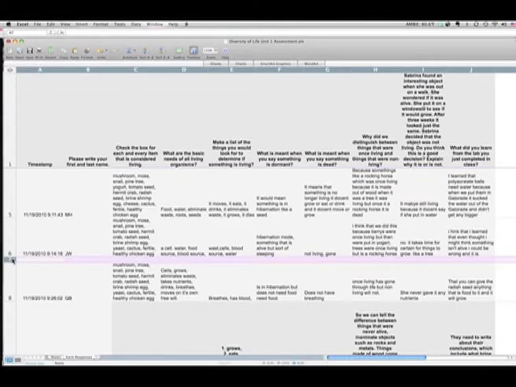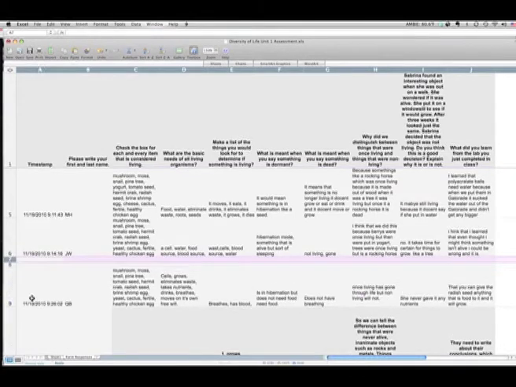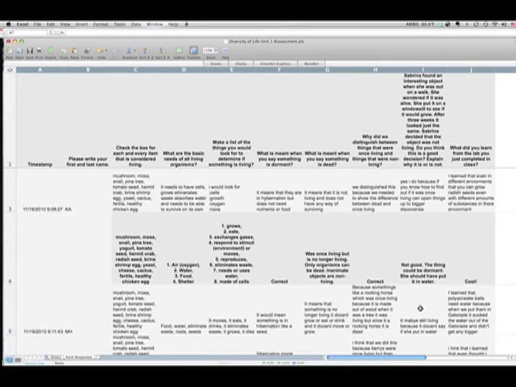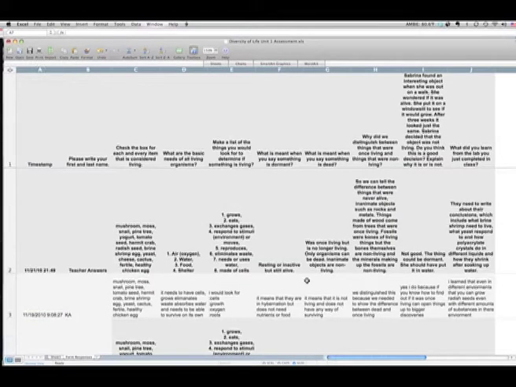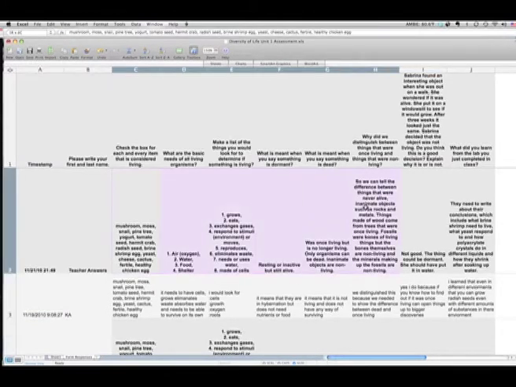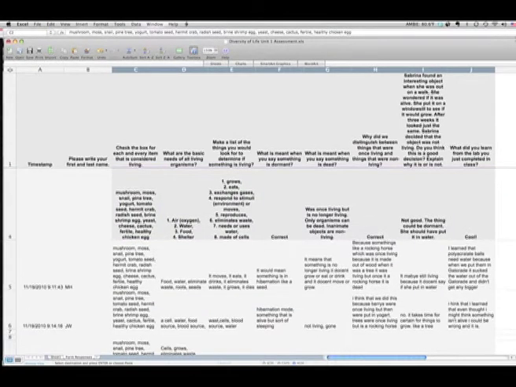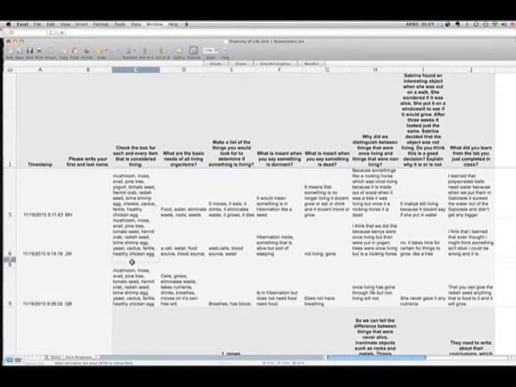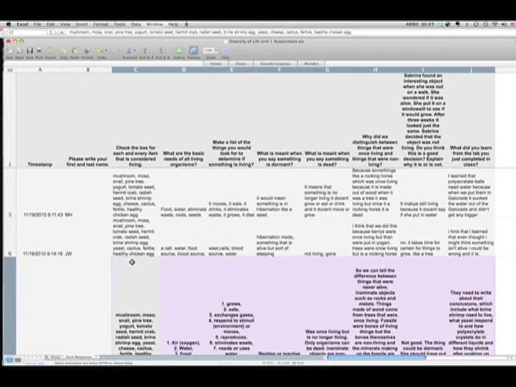I'm just going to insert a new row here. Then I'm going to go to my teacher responses and copy just the cells that have my correct responses. I'm going to go under JW and then paste.